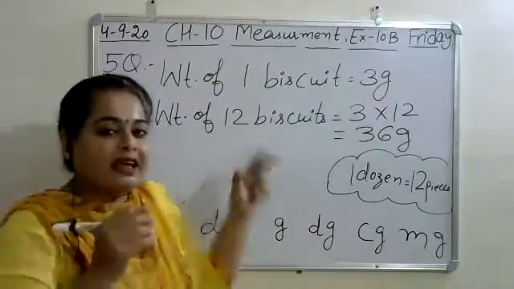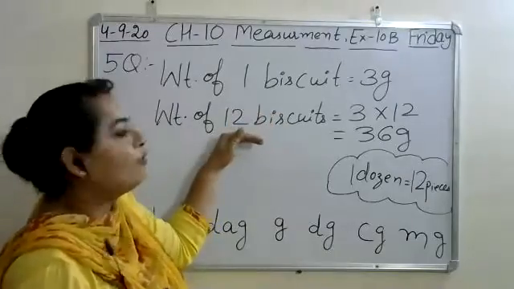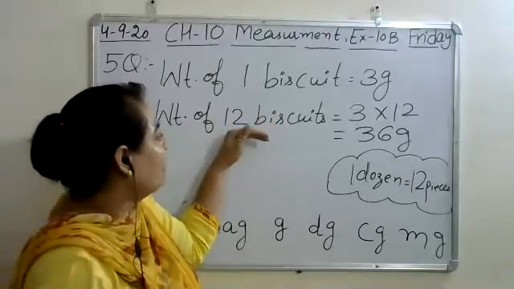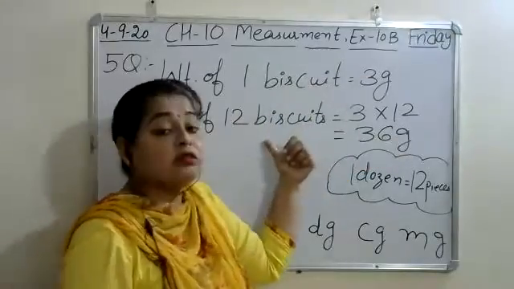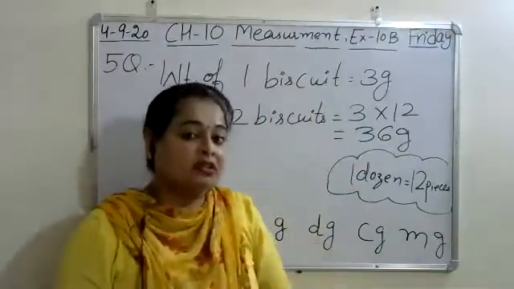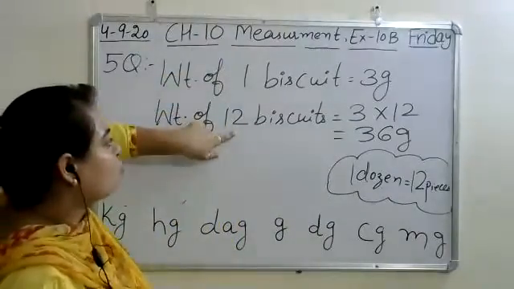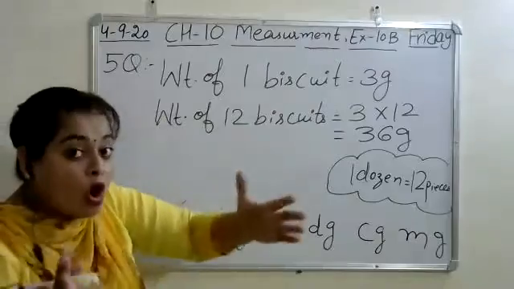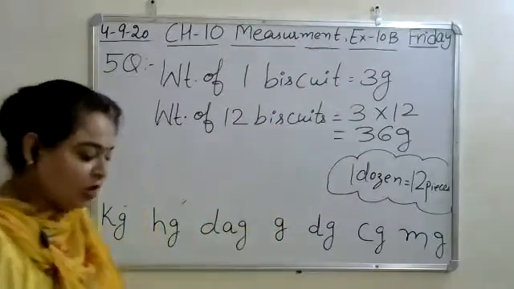This 12 is more than 1. So to find the weight of 12, you will multiply this 12 with 3. And this method is known as the unitary method. When one thing is given and the question is to find the weight of something more, then you will always multiply. Note down.